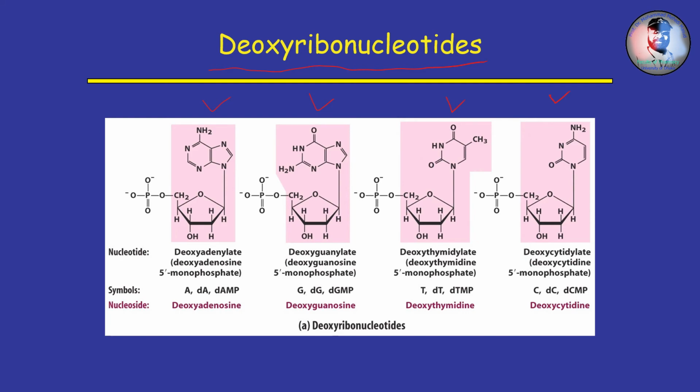The sugar part of DNA's nucleotide, that is deoxyribose, and the phosphate part are the same for all nucleotides of DNA. That's why DNA's major nucleotides are 4 types. The 4 major DNA nucleosides and nucleotides' structure, name, and symbols are shown here.